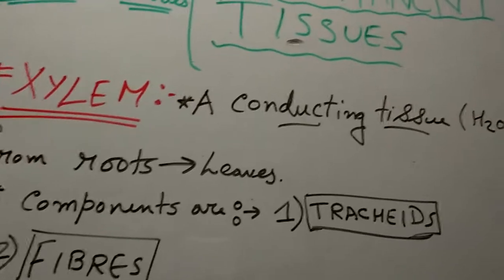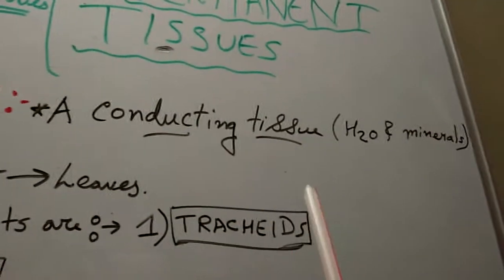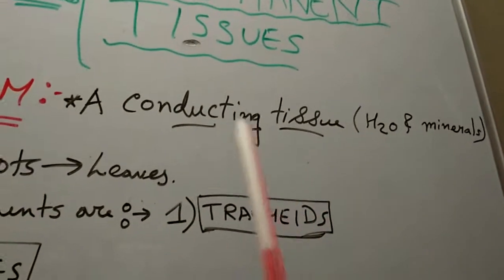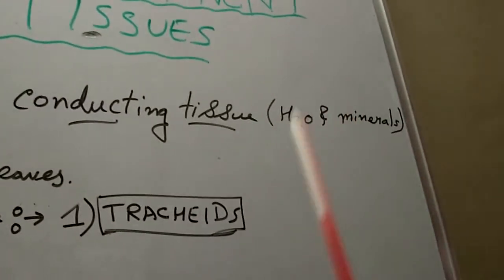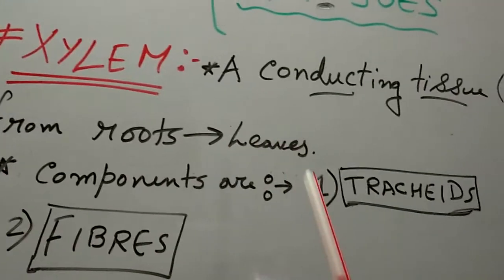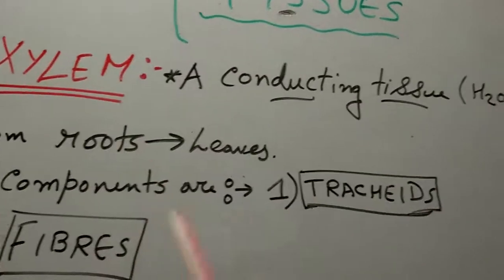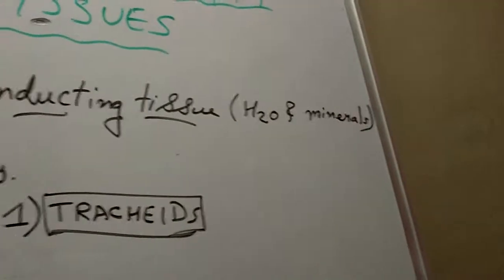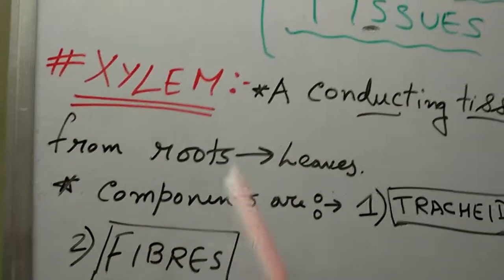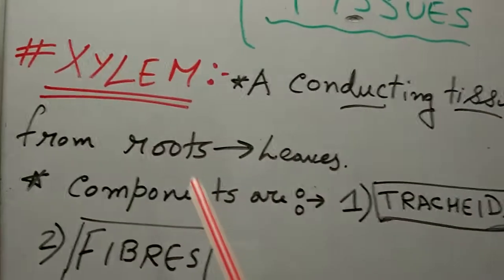And what is a xylem? It is basically a conducting tissue. And what does it conduct? It basically helps in the conduction of water and minerals from roots to leaves. The root has a high concentration of water as well as minerals, and from the root xylem helps in the conduction of water and minerals to the leaves.